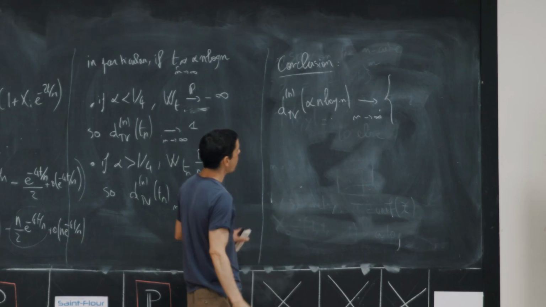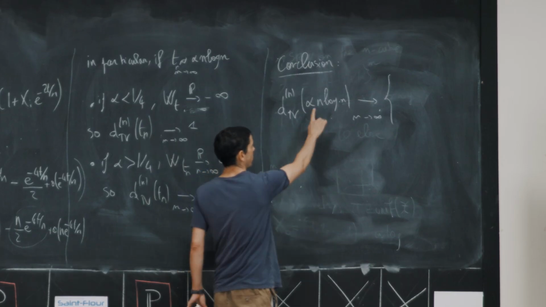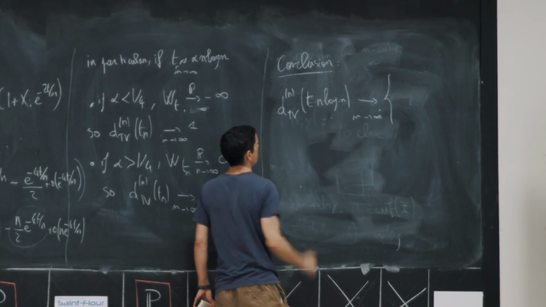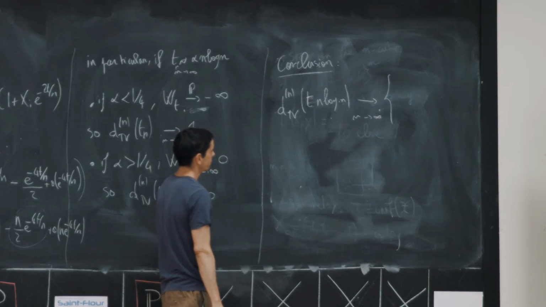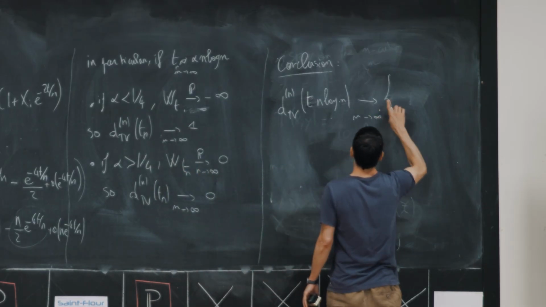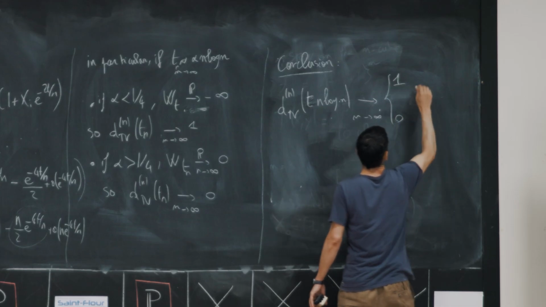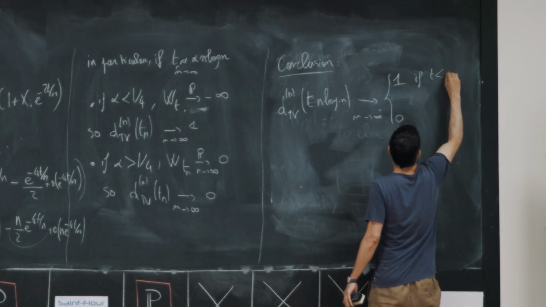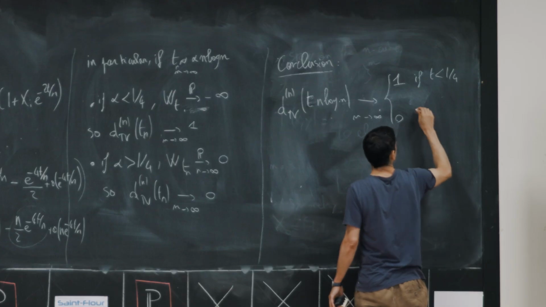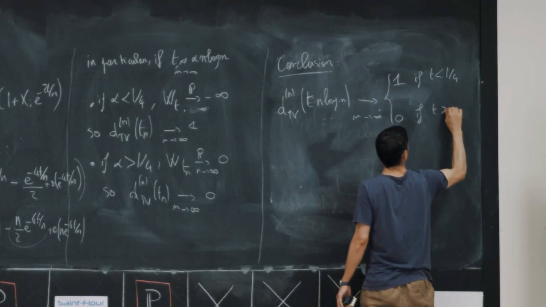You see a limiting profile when you look at the correct time scale. Maybe you can call this t. But now instead of having a nice smooth function, you get a step function. It's 1 if t is less than 1/4, and it's 0 if t is larger than 1/4.